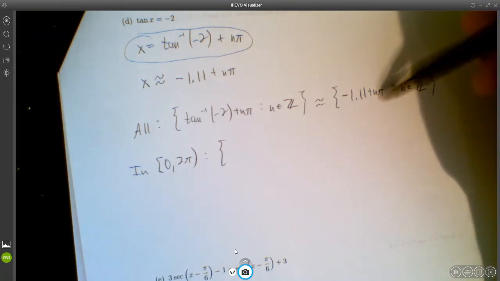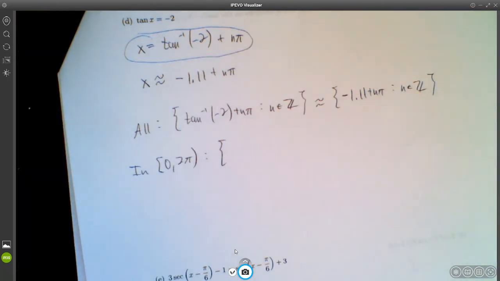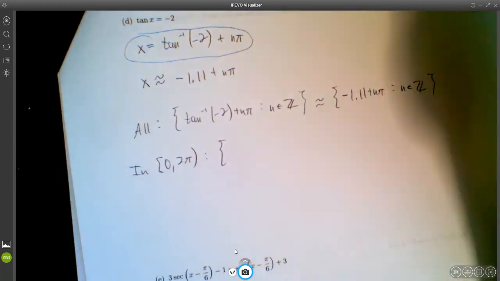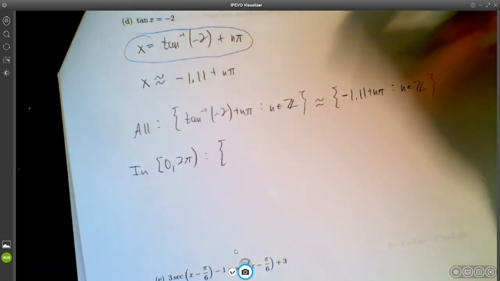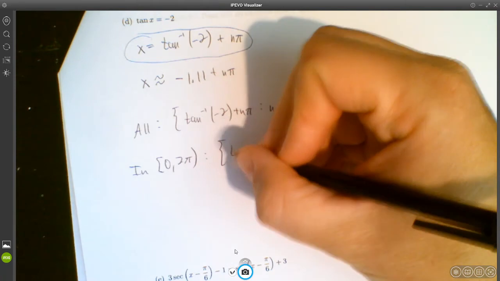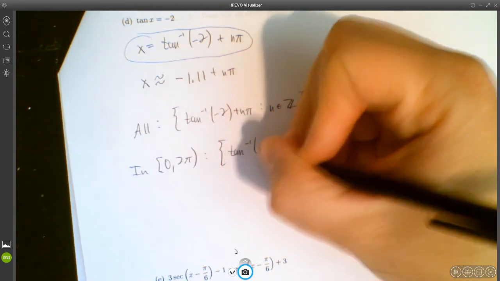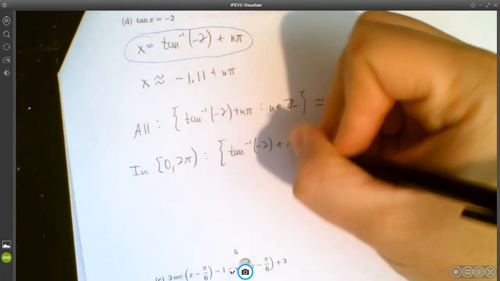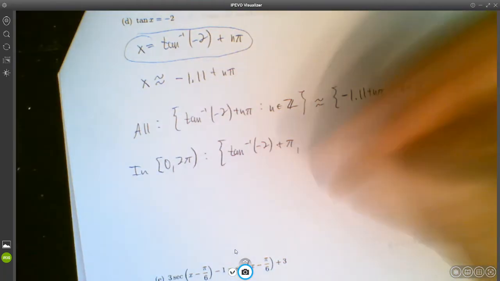But if I plug in 1, I would have tangent inverse of -2 plus pi. And that's about 2.03, so that's definitely in the interval. So if I'm giving the exact answer, it would be tangent inverse of -2 plus pi. Okay, so that's one solution.